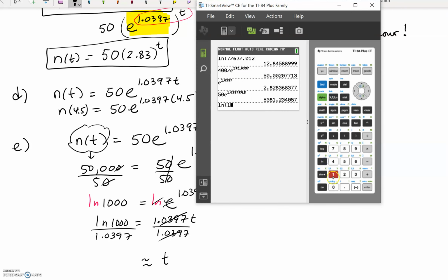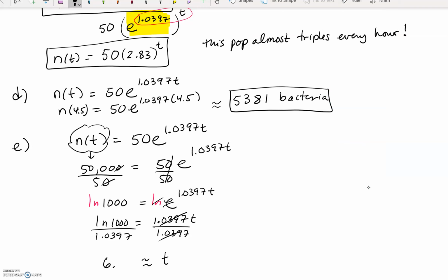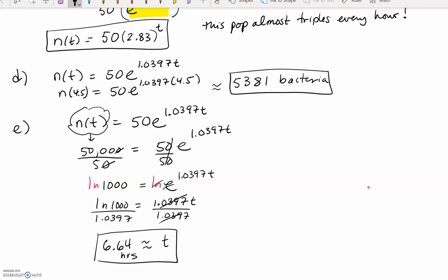So we've got ln of 1,000 divided by 1.0397, and it looks like in about 6.6 hours we ended up with 50,000 bacteria. So about, let's say, 6.64 hours later we had 50,000 bacteria.